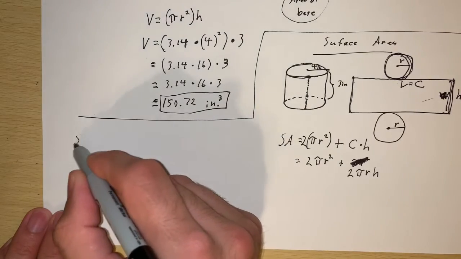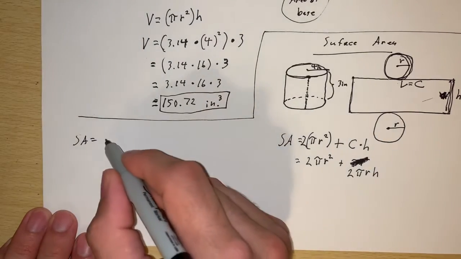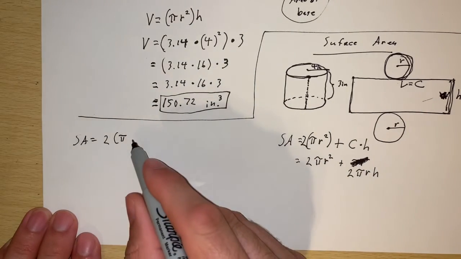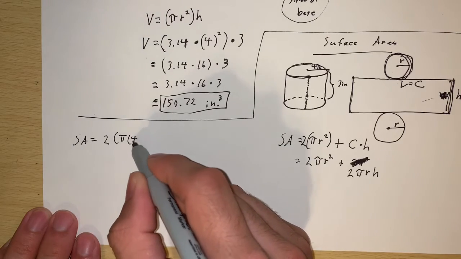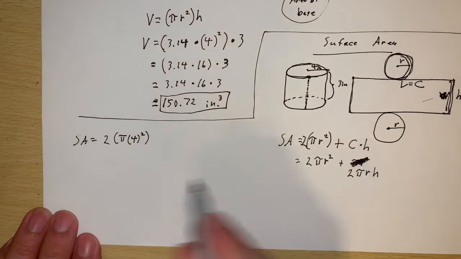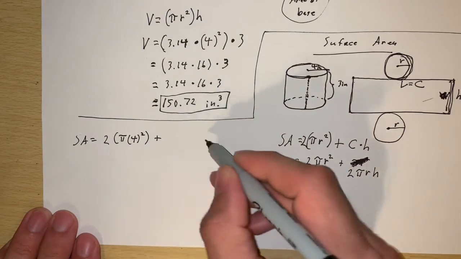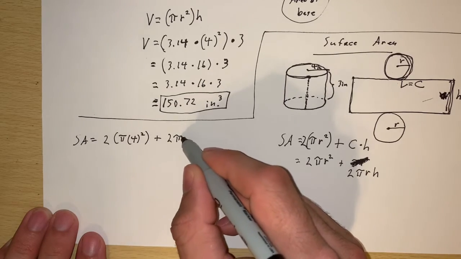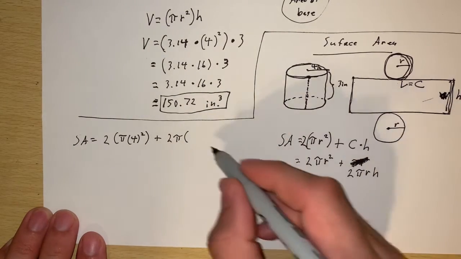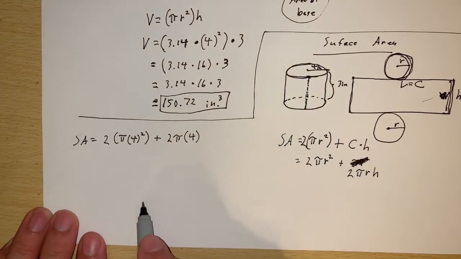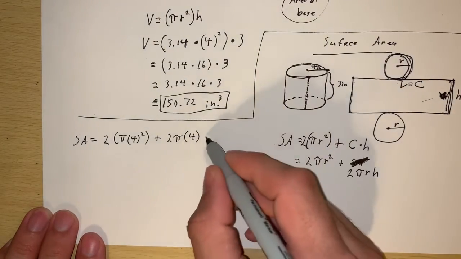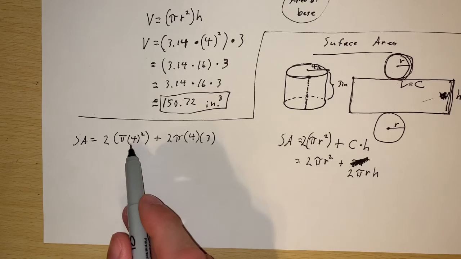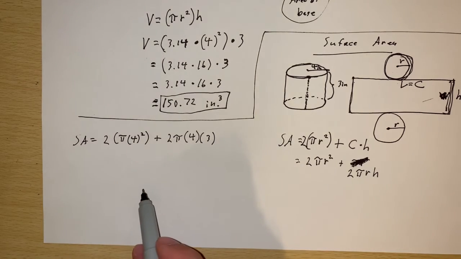Surface area is going to be 2 times pi r squared, where r is 4, plus CH. C is the circumference, so it's 2 pi r: 2 times pi times r, which is 4. And then h is 3. I put little parentheses around each number that I plugged in.